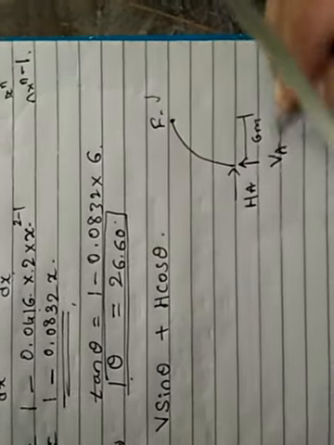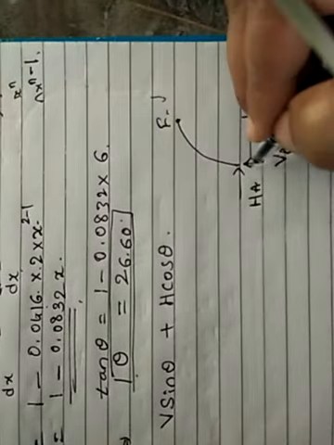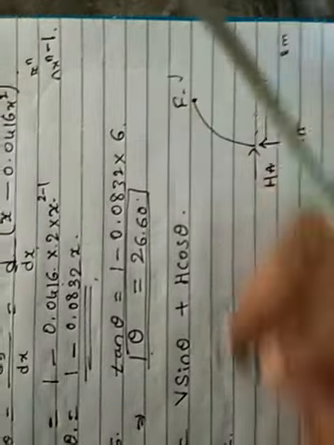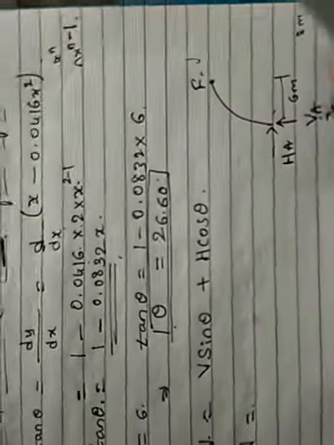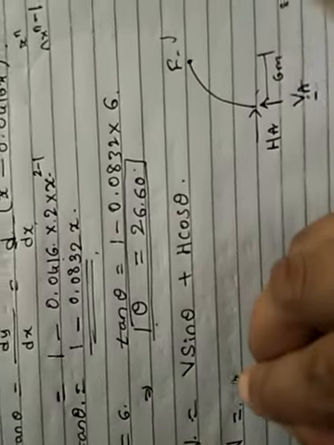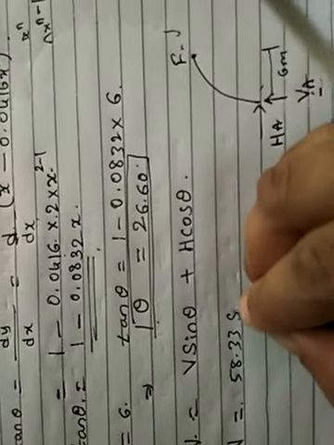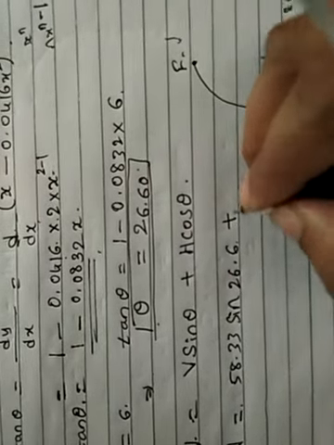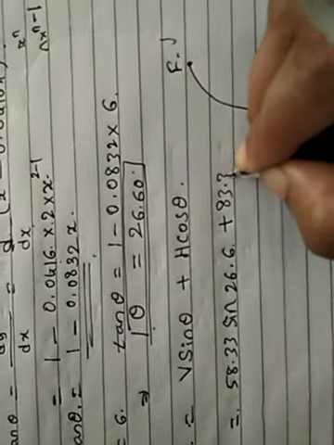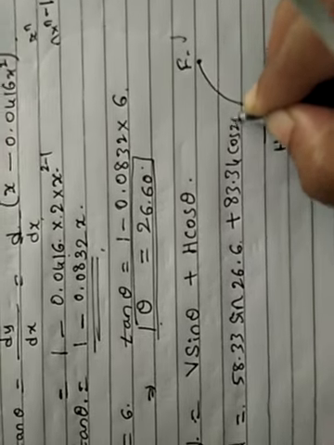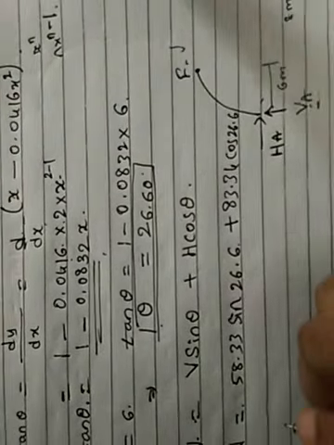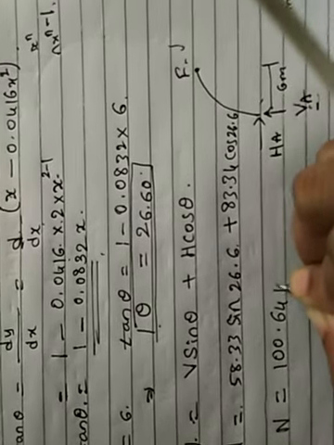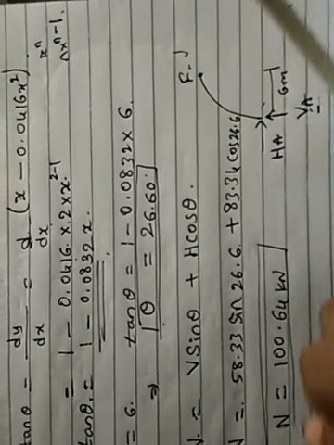The 50 kilonewton is acting at a distance of 8 meter. It means that here we have only one vertical force and one horizontal force. So when I say V, then we have to consider VA, which is equal to 58.33 sine the angle 26.6, plus in the same way H, which is equal to 83.34 into cos 26.6. Therefore from this we get N is equal to 100.64 kilonewton. This is normal thrust.